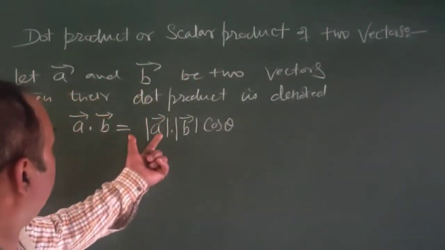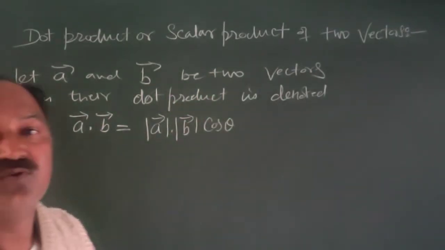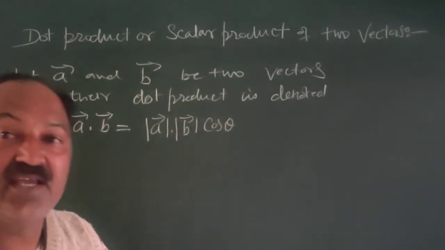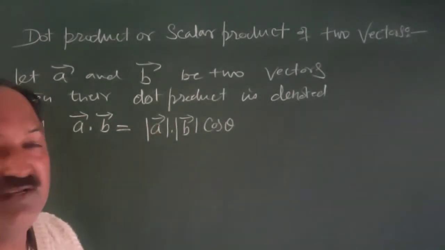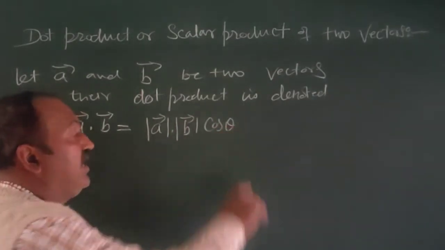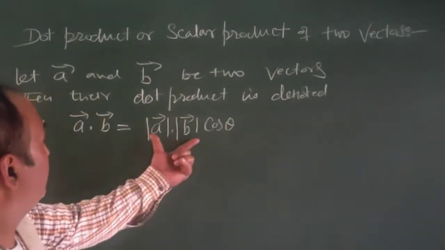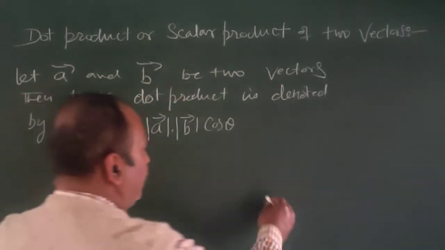The dot product is a scalar quantity, hence it is also known as scalar product of the two vectors, because A vector magnitude is a scalar, B vector magnitude is a scalar, and cos theta is also a scalar, hence the dot product is a scalar quantity.